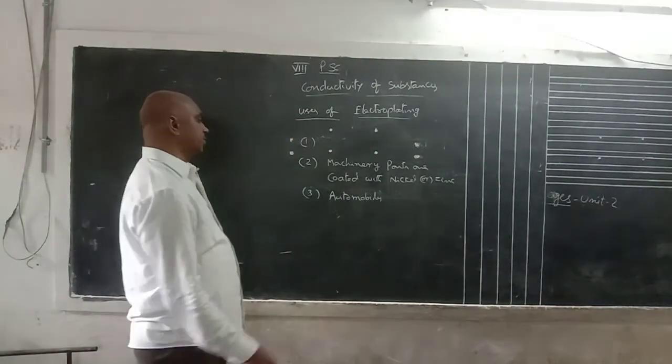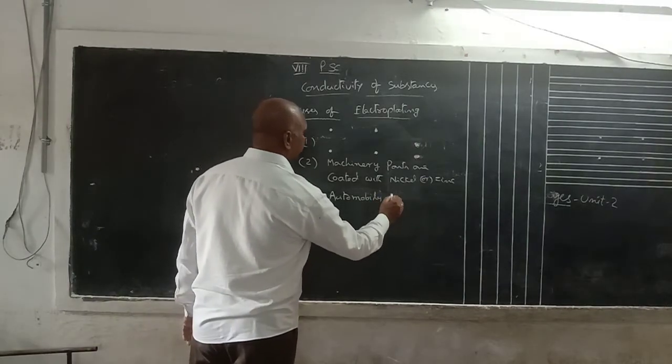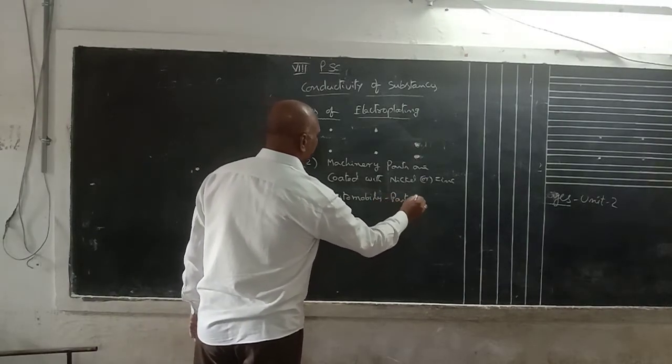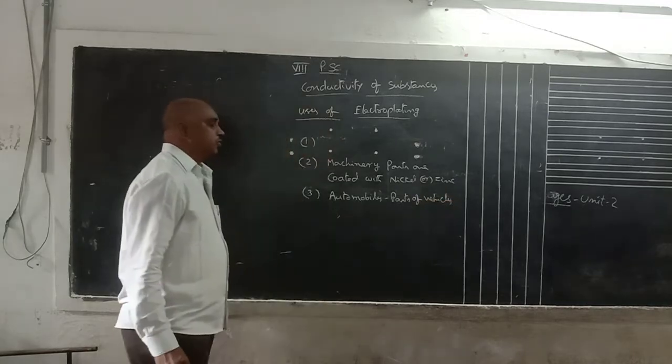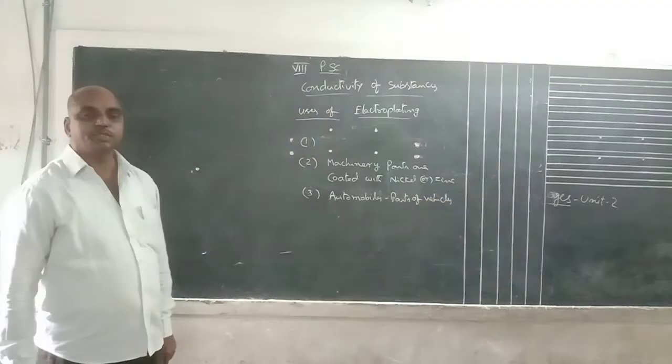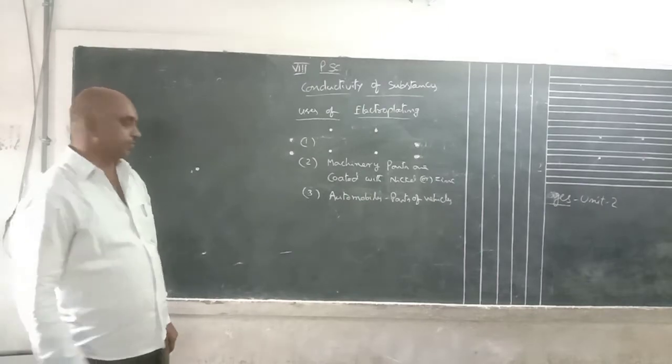These parts, the automobiles, means different parts of the vehicles. These parts of vehicles are also coated with nickel, chromium, zinc like this to avoid the formation of rust.